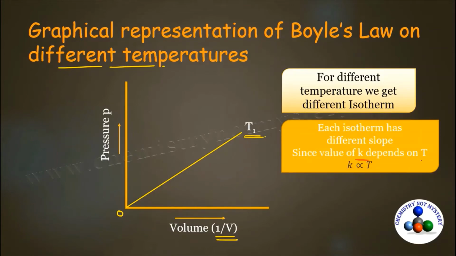Since the value of K depends only on temperature, and temperature is directly proportional to slope, on increasing the temperature, the value of slope will also increase. If we increase the temperature from T1 to T2, the slope will also increase and you will get another straight line that originates from 0 with greater slope. If we further increase the temperature to T3, you will get another straight line that originates from 0 having greater slope as compared to T2.